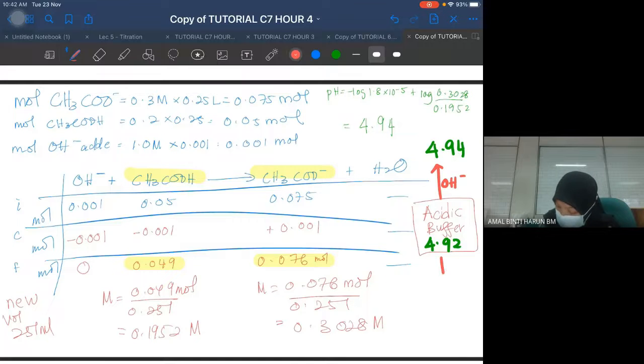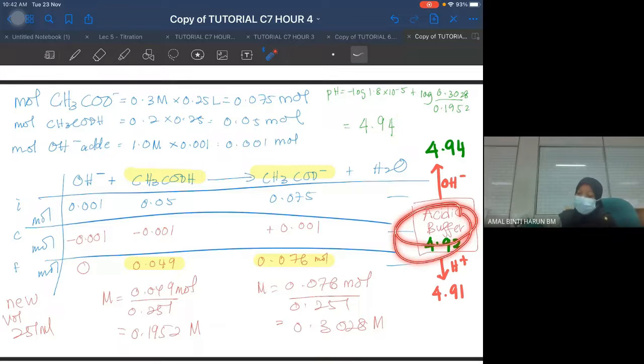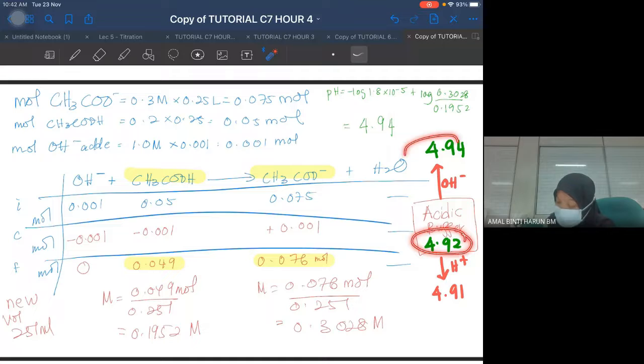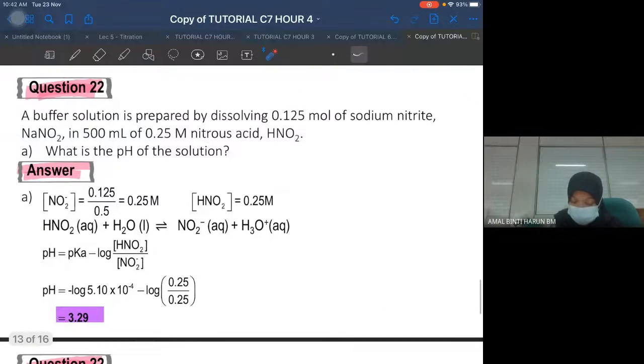Kalau kita tambah acid, strong acid, dia jadi 4.91. See, the ability of the acid buffer is to maintain the pH so that when strong base added, it slightly increases, and when strong acid is added, it slightly decreases. Okay, tapi dia masih berlegar di sekitar value yang sama. So itulah it is.